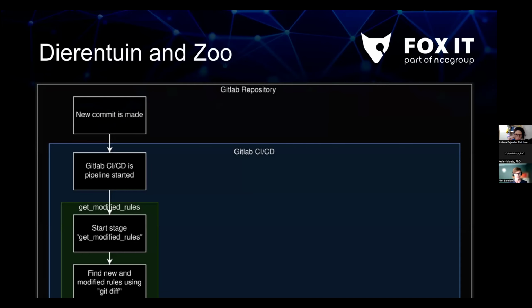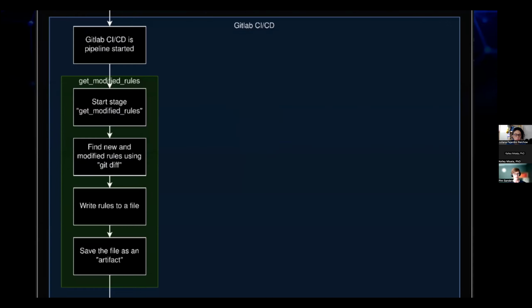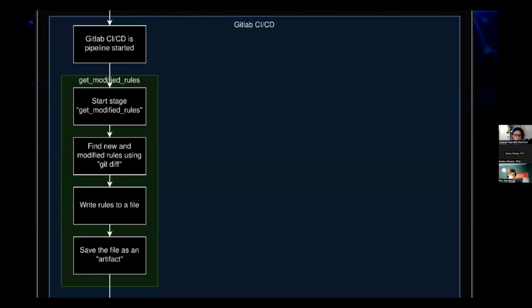We don't want any human interaction in this process. More in depth. After a commit is made, the GitLab CI/CD pipeline will start running, and it will start the first stage. This stage, called get modified rules, is a way to filter out all the newly added rules in the last commit.